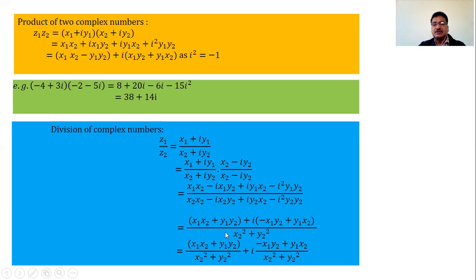We have this. So this is the real part and this is the imaginary part. So in order to divide two complex numbers, rationalize the denominator. This is a very important step, that is rationalize the denominator. Then it converts the quotient into the form x plus iy, that is the form of a standard complex number.